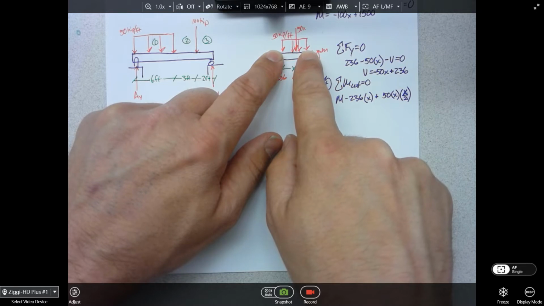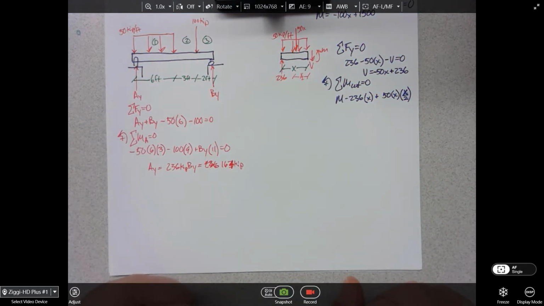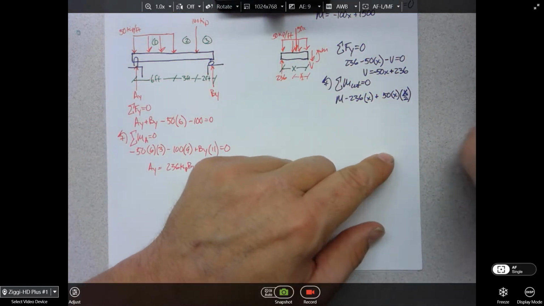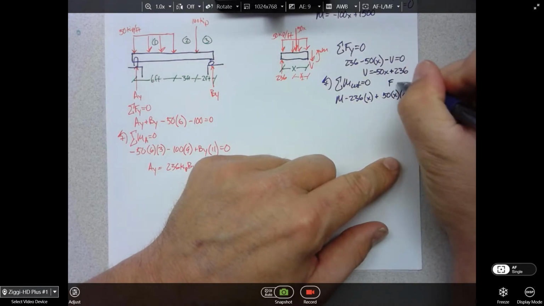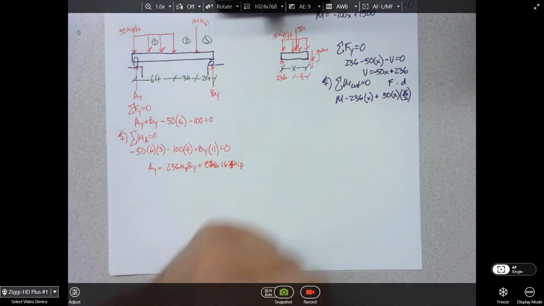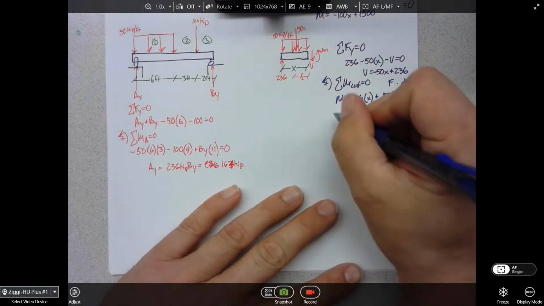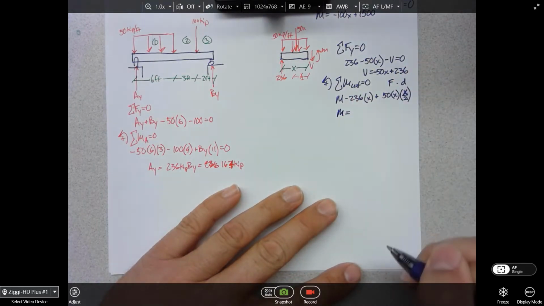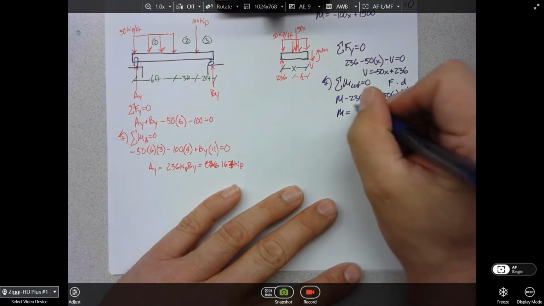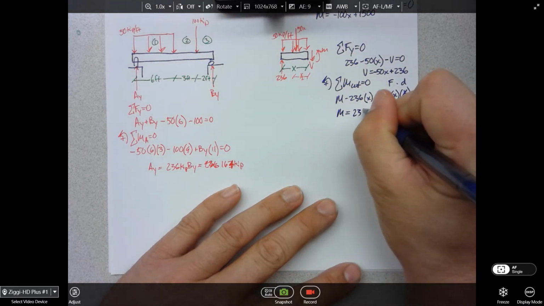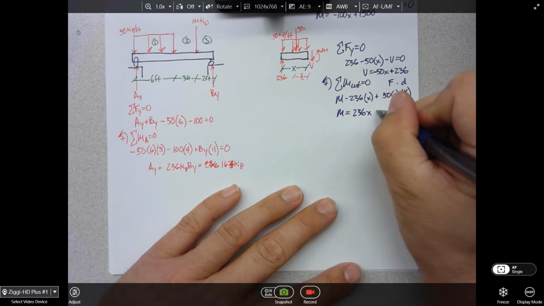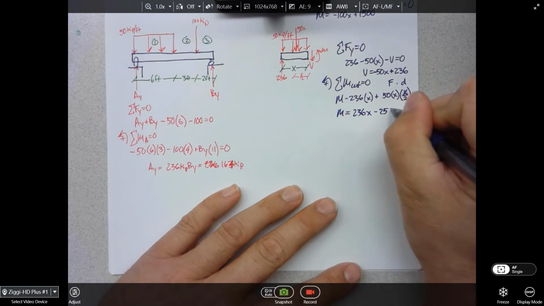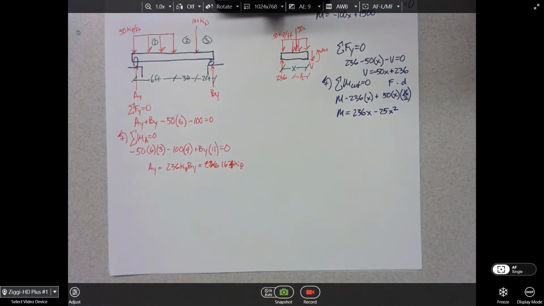The 50x gives you the force, and x over 2 gives you the distance from the cut. So this is F times D. So we can say that the moment is equal to 236x minus 25x squared.